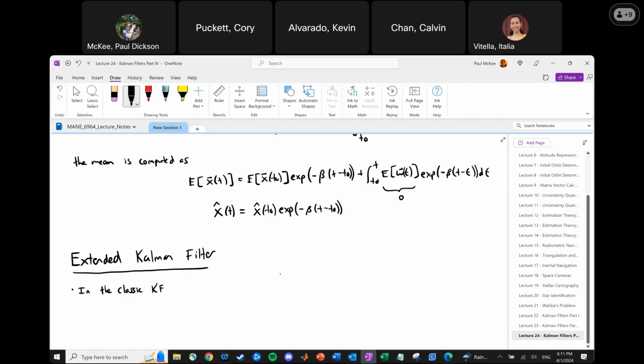In the classic Kalman filter, we focused on problems with linear dynamics, that's supposed to be an M, and a linear measurement model.